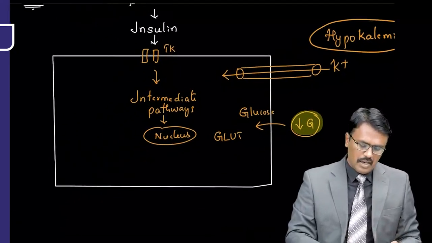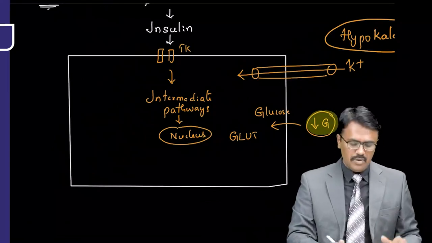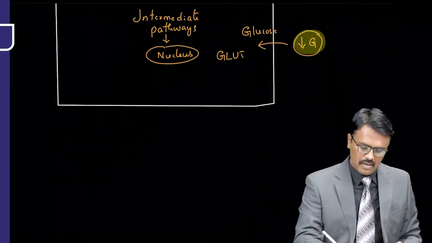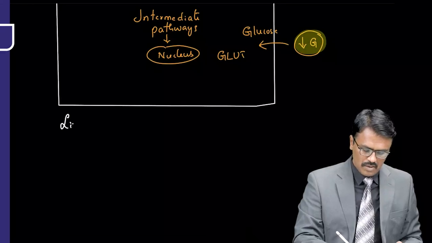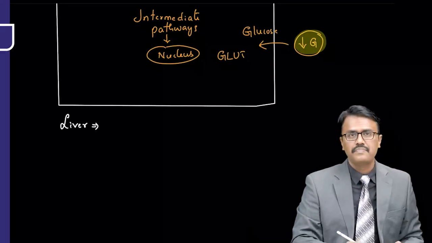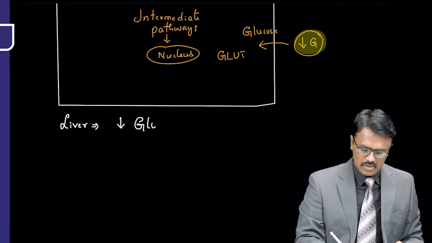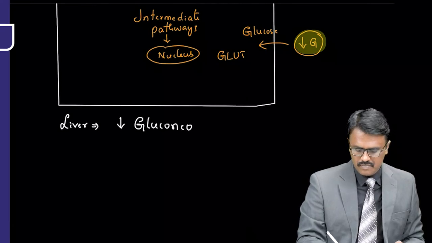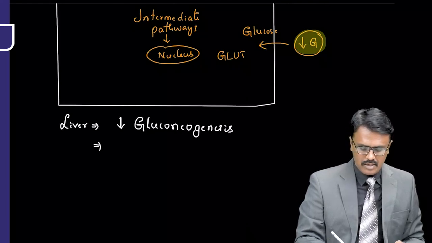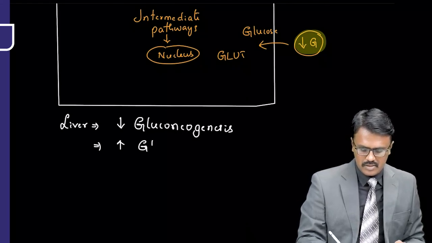Now, what will insulin do in the liver? In the liver, it decreases gluconeogenesis. It increases glycogen synthesis.